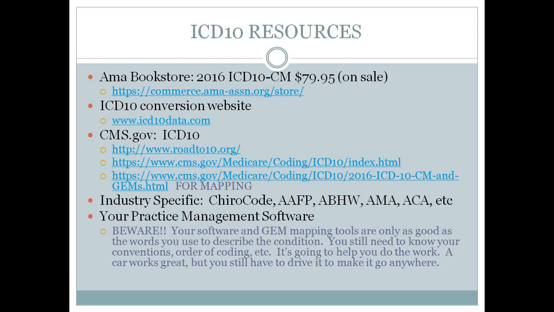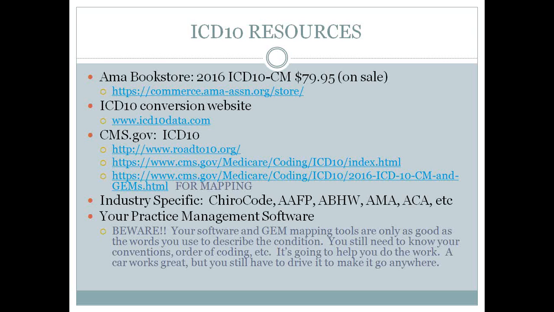Other resources that you can look to for your ICD-10 coding and conversions are through CMS. They have some great resources, and I have here the different websites that you can go to within cms.gov. If you just go to cms.gov and click on the ICD-10 link under Medicare, it will take you to these 3 different sub-websites, and there are a number of others as well.